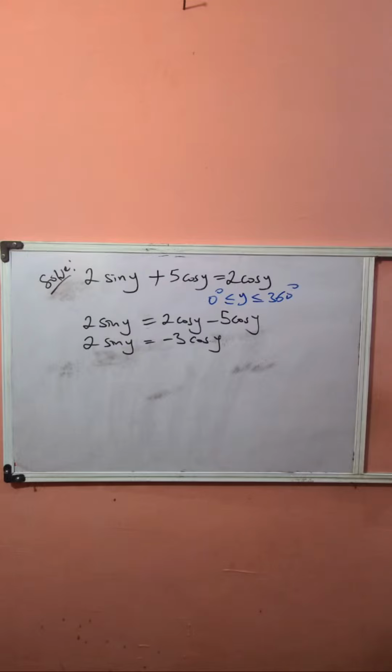Now, what do we do next? The idea around trigonometry equations, which I told you earlier, is that you don't want two different trigonometries in your question. You always want to ensure that you just have one particular trigonometry.